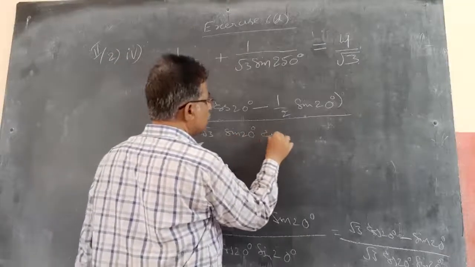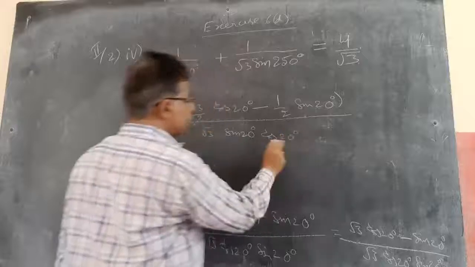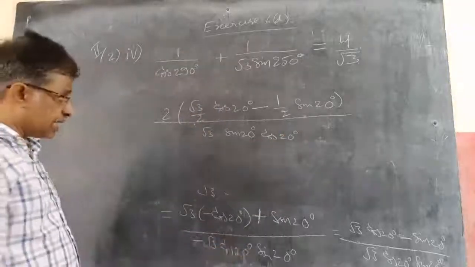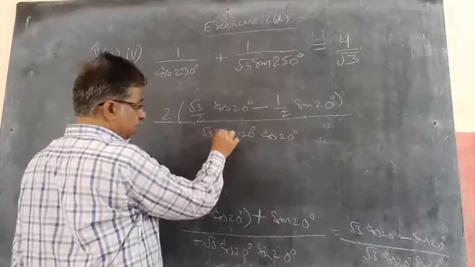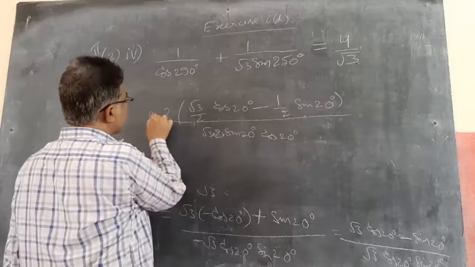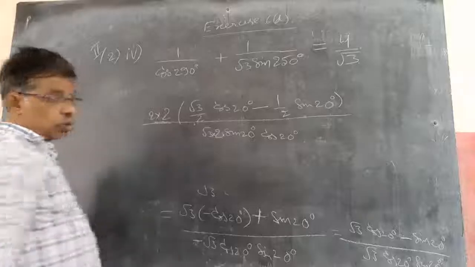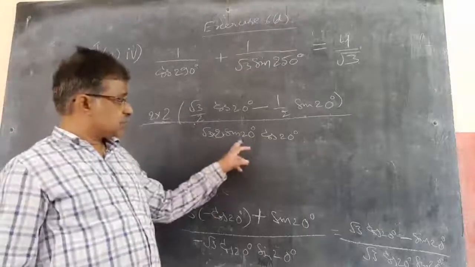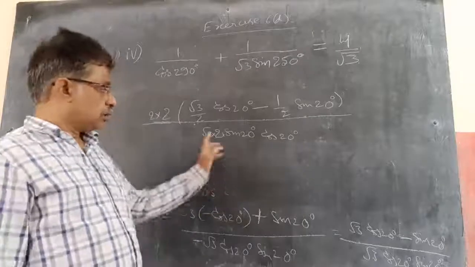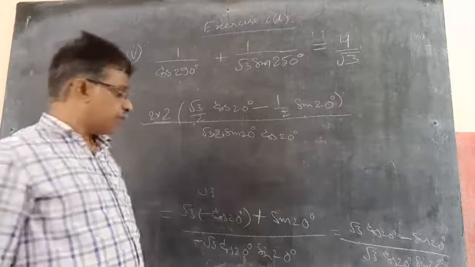Here also again I am multiplying and dividing with 2. Why? Because this I can write as 2 sin theta cos theta, sin 2 theta formula.